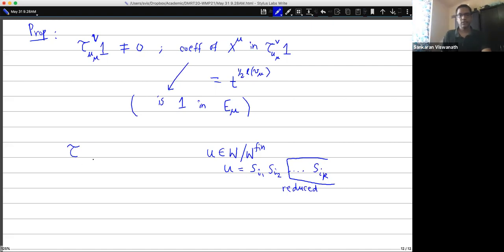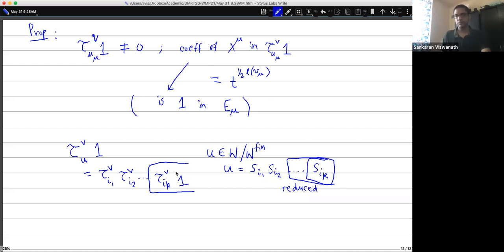Okay, so in some sense, if you compute tau U check on 1, you're going to do it via a sequence of tau i's like this. Some of them could be pi, again, remember. But the point is, there's sort of a recursive nature to this, which is already there. This guy is a Macdonald polynomial up to a scalar, up to a power of t, because s_ik is actually a minimal left coset representative.